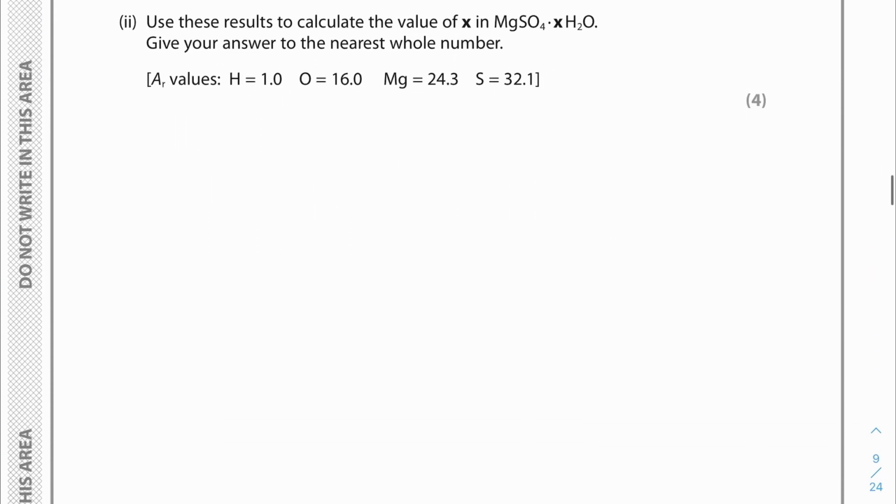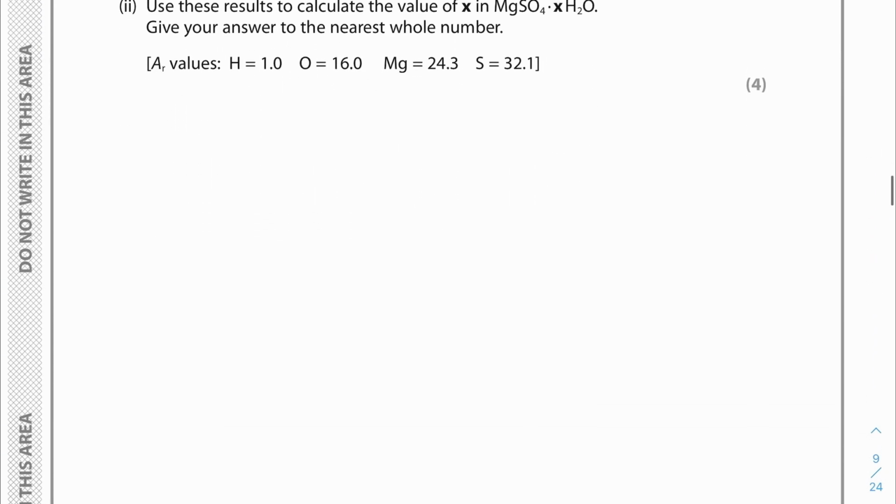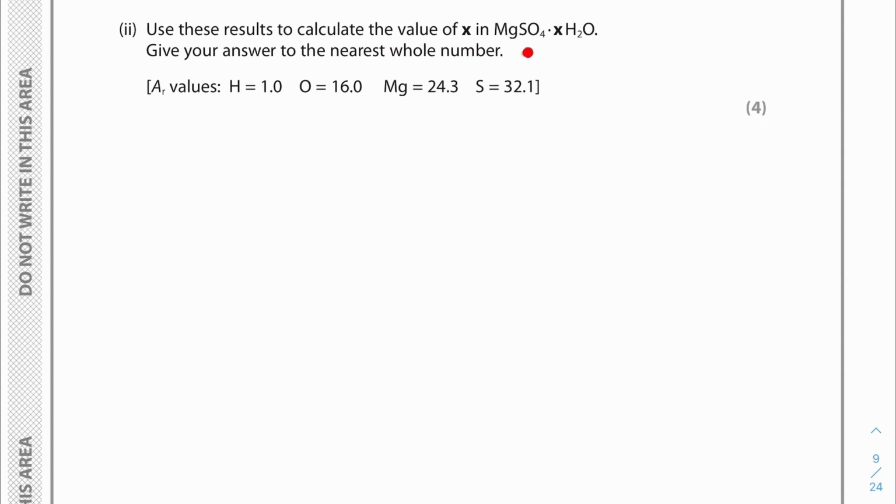Use the results to calculate the value of X in MgSO4.XH2O. Give your answer to the nearest whole number. So what can we do here? We know the mass of MgSO4, don't we?